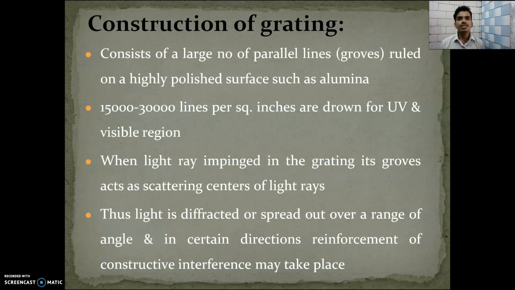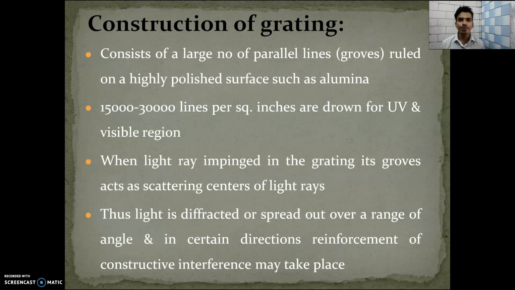Construction of the grating. What are gratings? Gratings are grooves. They consist of a large number of parallel lines or grooves ruled on a highly polished surface, such as alumina, and between 15,000 to 30,000 lines per inch are drawn on that surface for the UV and visible region.